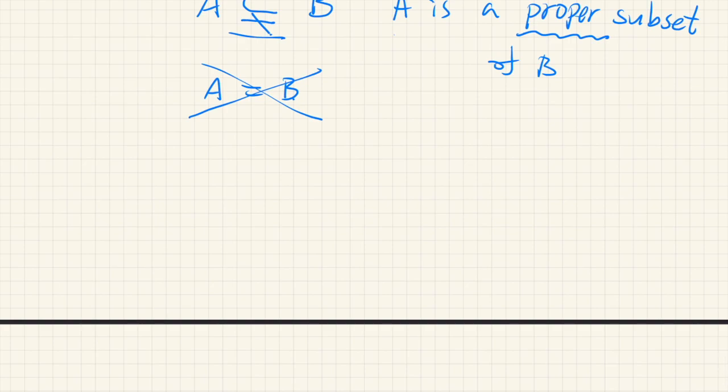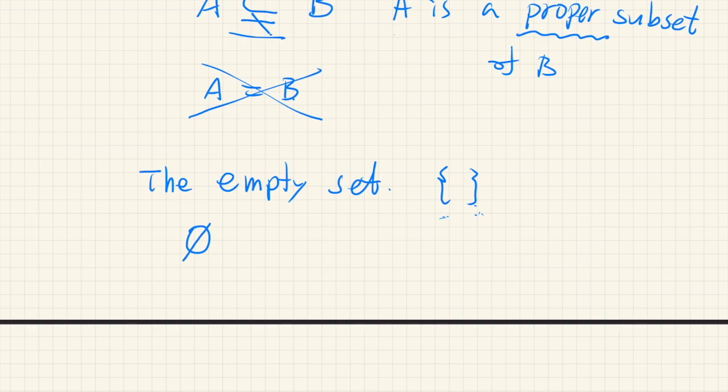Next, I introduce one of the most important sets of all sets, that is the empty set. So the empty set is a set that contains nothing. That is something like this. So there's nothing between the curly brackets. And this is usually represented as this, 0 with a slash.